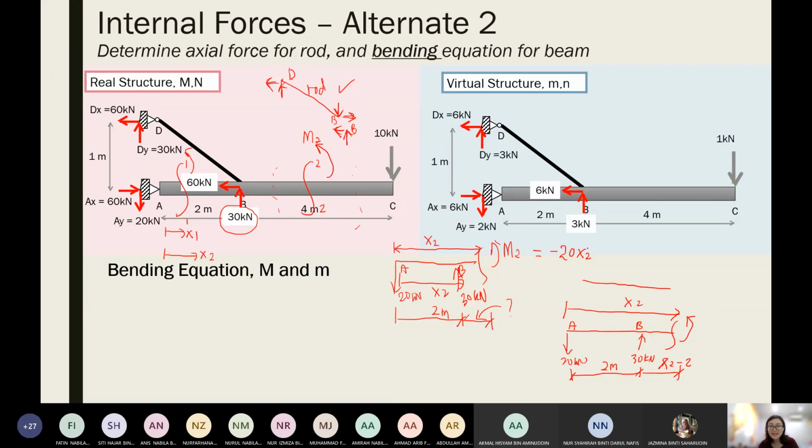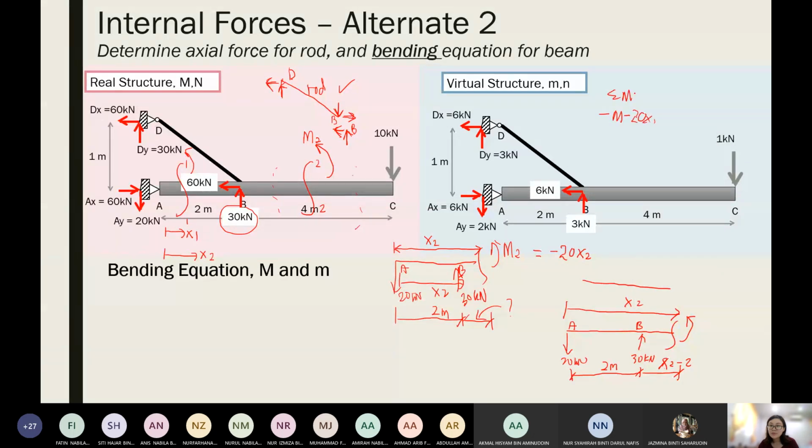If your early style of writing the equation is the same sign, you put the same sign, right? Like for example here, negative M minus 20x.